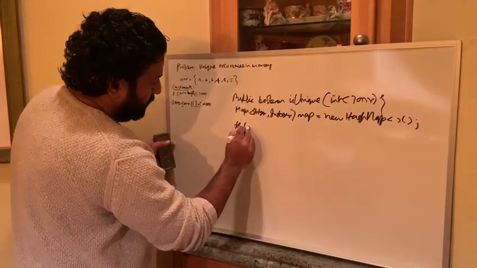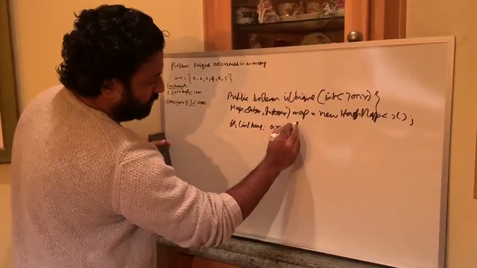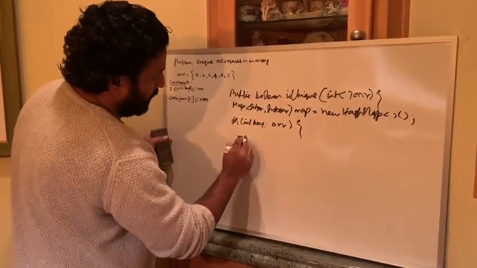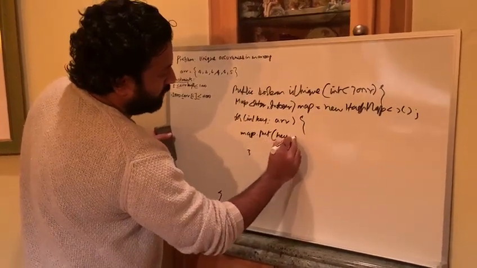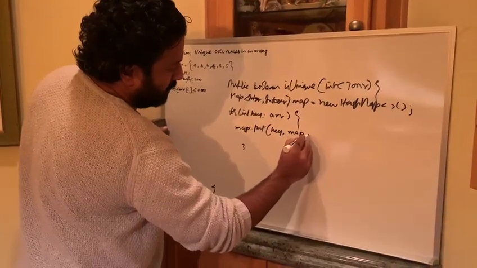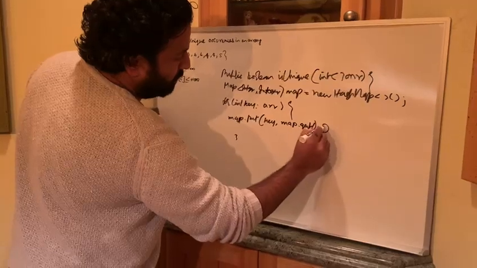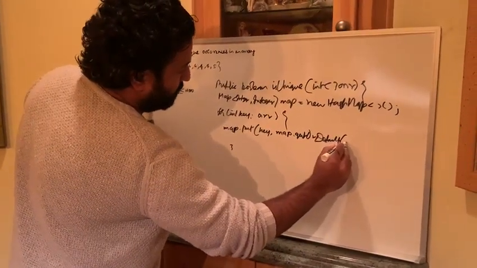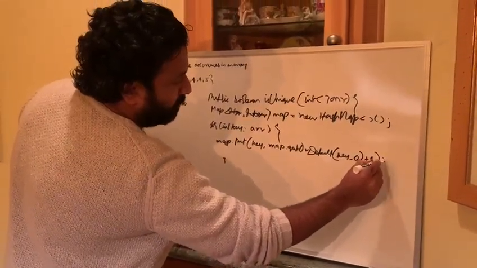For int key in the input array, we want to put into the map the key, and as the value we want to map.getOrDefault the key, and increment it by 1.